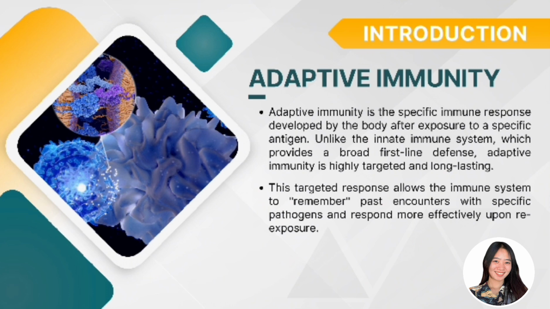This targeted response allows the immune system to remember past encounters with specific pathogens and respond more effectively upon re-exposure. In simple terms, adaptive immunity is our body's way of fighting specific germs and diseases. It learns and remembers how to attack these threats more effectively each time they appear.